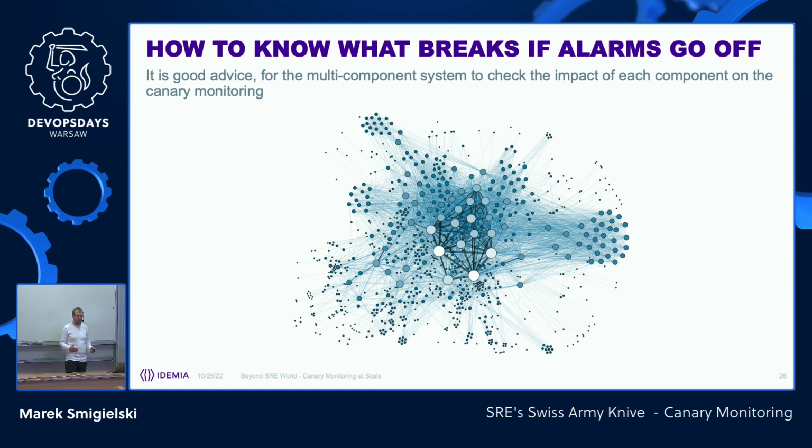Yes, so we have a microservice architecture. That's not the architecture of our system. Hopefully, it's not your case as well. It's some random diagram showing multiple connections, but it presents the complexity that we need to work with.